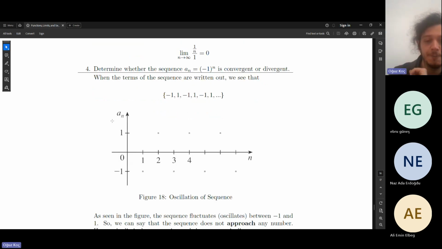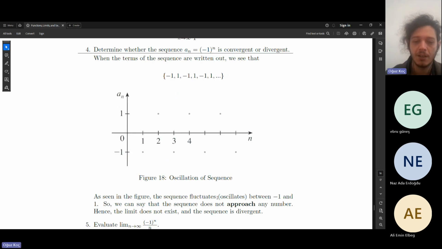Therefore, if we illustrate it in a figure and examine it, we see that for the first term of the sequence, it gets the value of -1. For the second, it gets the value of 1, and then it turns back to -1, and then back to 1. It actually moves like oscillating when n gets larger.